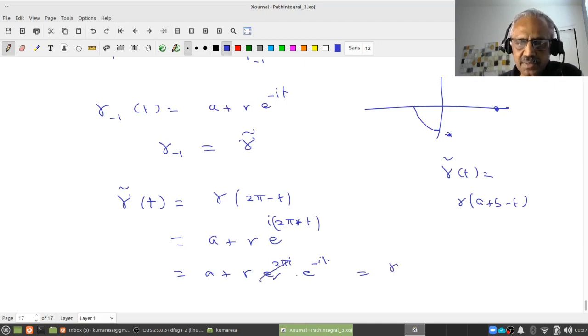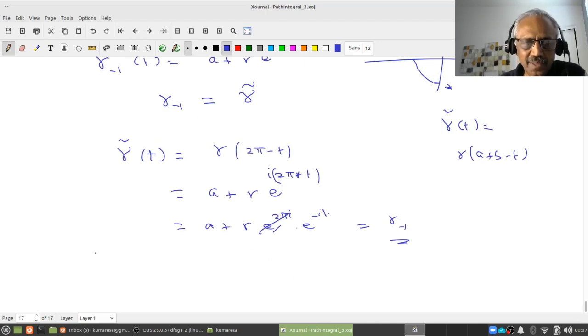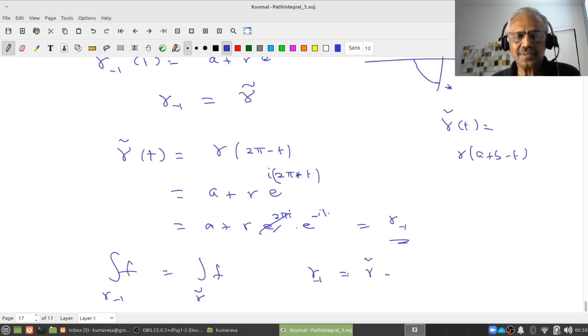This is nothing other than gamma minus 1. Do you see that? Therefore it's not surprising that integral of f over gamma minus 1 is integral of f over gamma tilde, because gamma minus 1 is the reverse path.